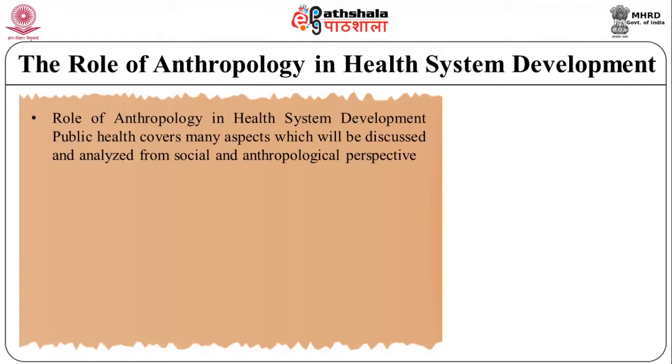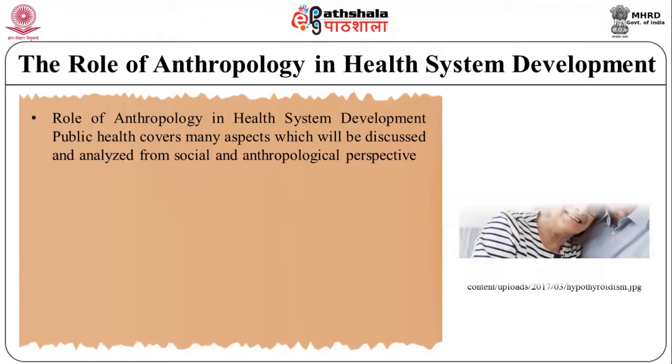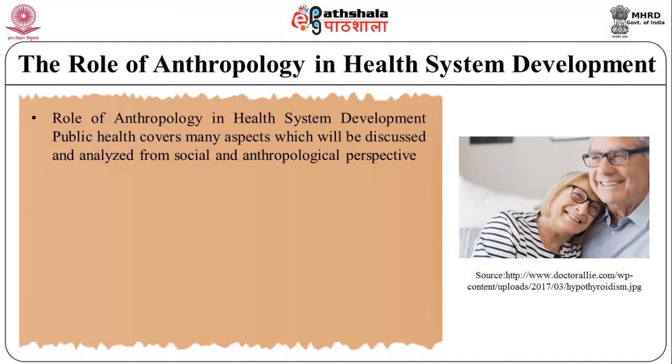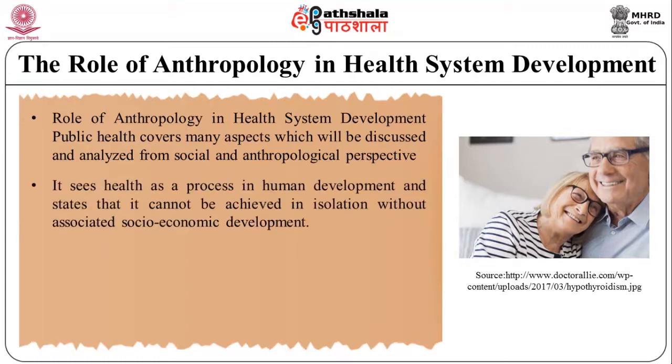Public health as seen from the eyes of comprehensive primary health care mentioned in the Alma Ata Declaration covers many aspects which I will discuss subsequently that can be analyzed from a social and anthropological perspective. It sees health as a process in human development and states that it cannot be achieved in isolation without associated socio-economic development.